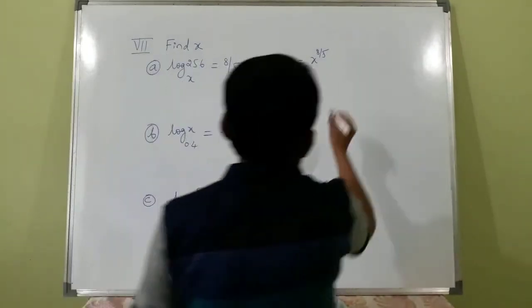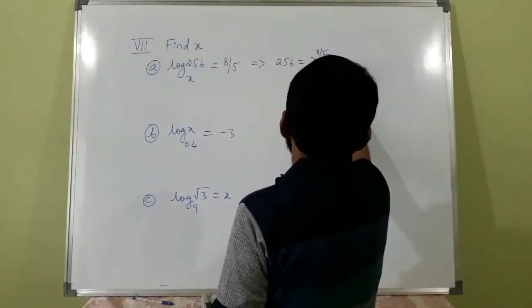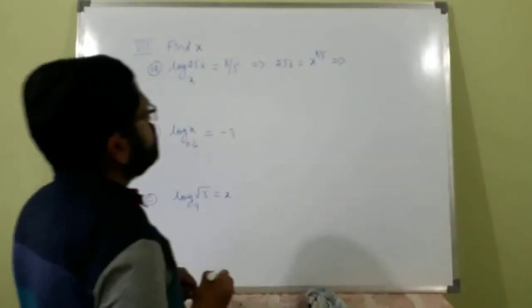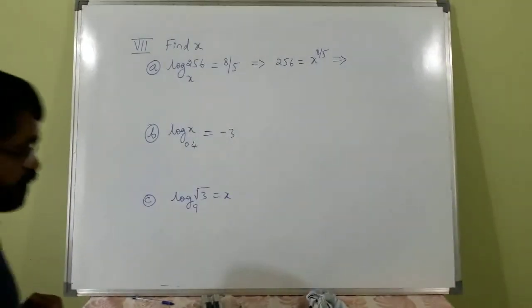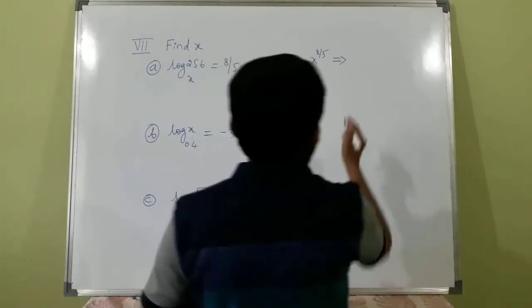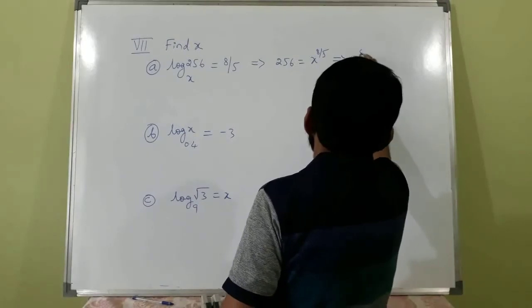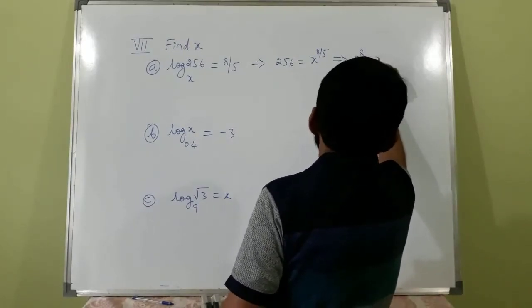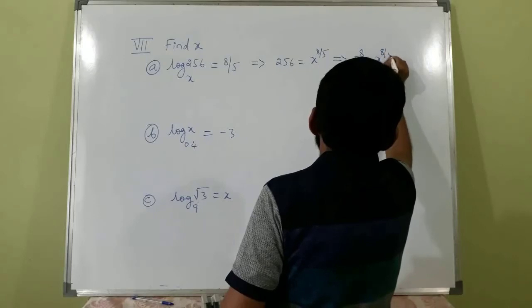So what is this? 256 means 2 to the power 8, equal to x to the power 8 by 5.